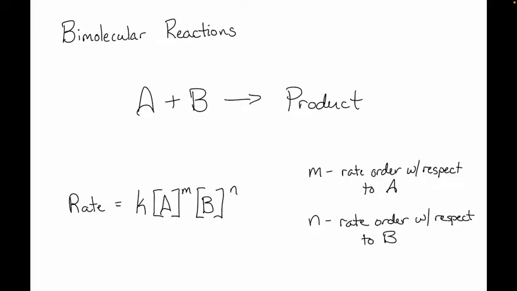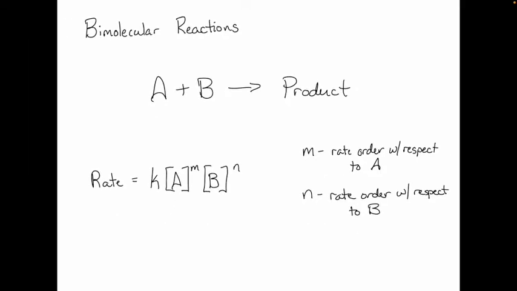Because they're exponents. Importantly, we also have this term for the value that you get when you sum up m and n. Right? So if I take those two exponents and I add them up, we call this the overall reaction order.